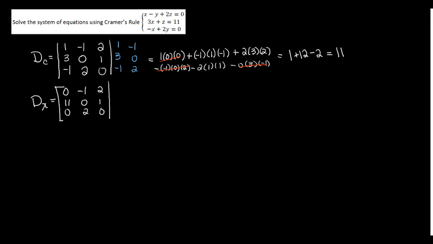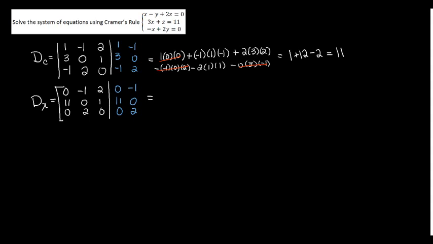And we can use the crosshatch method again by writing the first two columns to the end and multiplying the main diagonals. Now I'm going to speed this process up a bit by, instead of writing out the products, just writing what they're equal to.